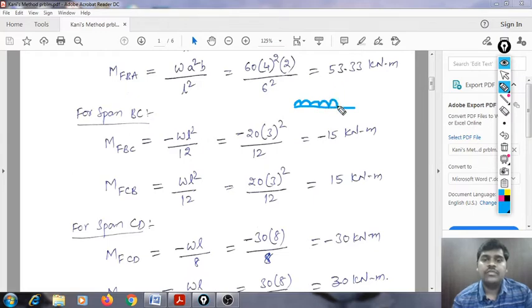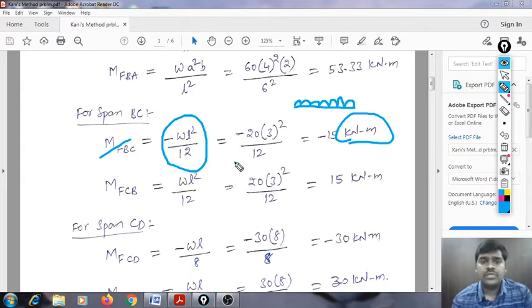The unit of UDL is kilonewton per meter, whereas the M indicates moment, and the unit of moment is kilonewton meter, right? Next, if we find MFBC, the formula is WL square by 12. Substituting these values we get minus 15 kilonewton meter. Similarly, MFCB is also 15 kilonewton meter.